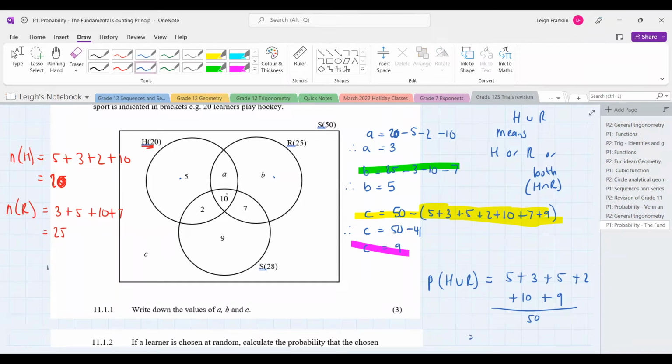So in other words, it would be 34. So 34 out of 50 people play hockey or rugby or both.